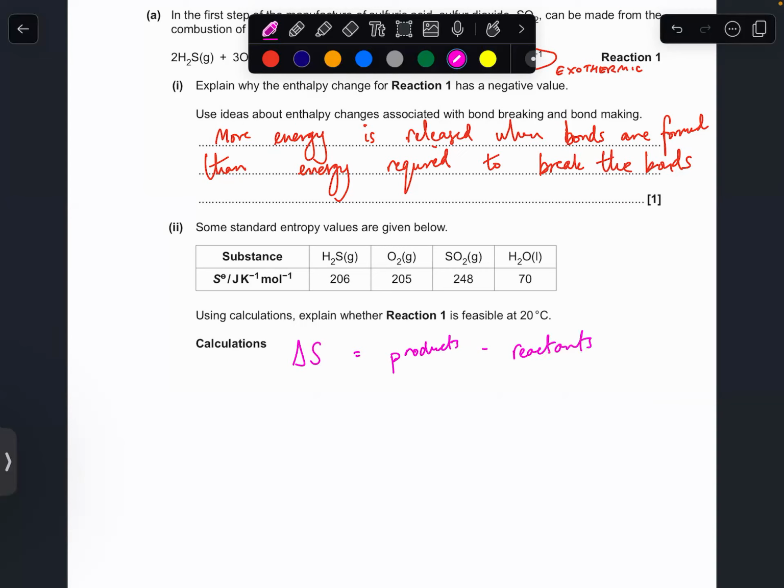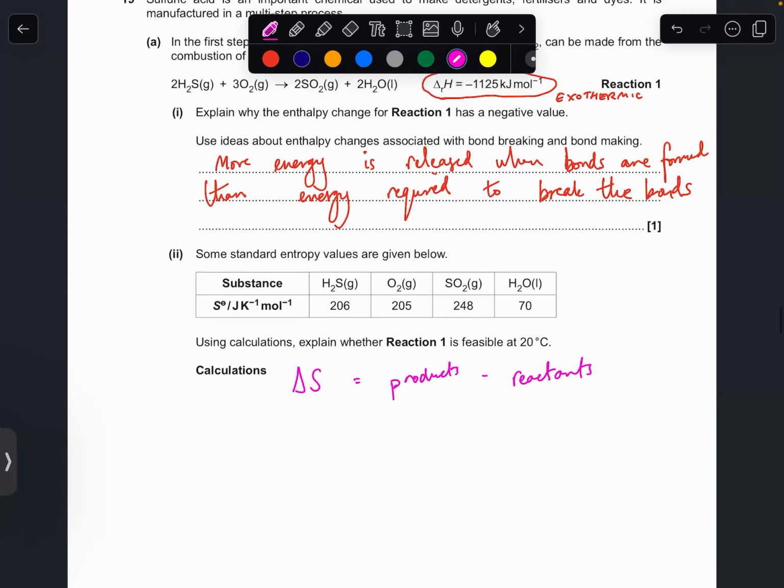So the equation: 2 times SO2, which is 248, plus 2 times 70, minus, open bracket.